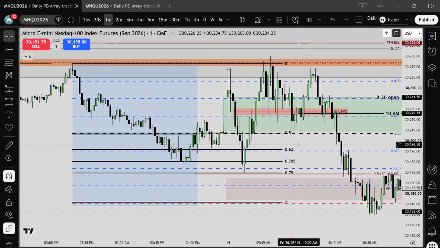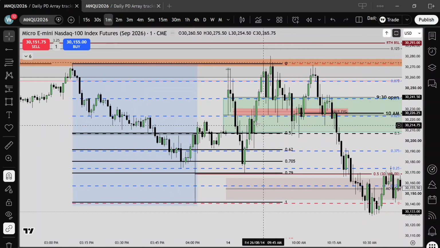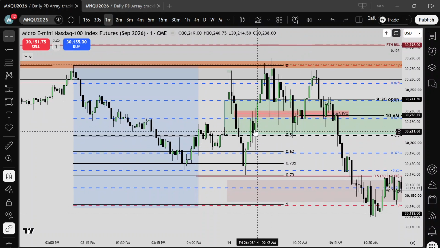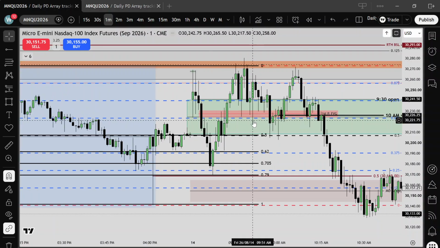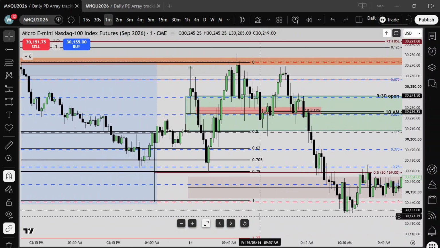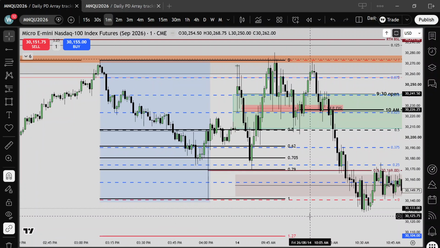So again, I'm not trying to dog you, but I'm not disagreeing with your market structure theory of going short as this is trading back up to the fair value gap to get to the lower prices that you're looking for. I'm not saying that market structure thought is bad.